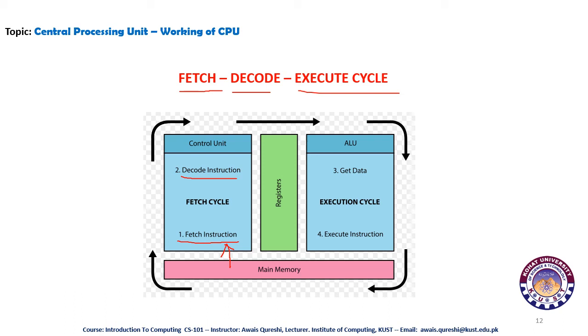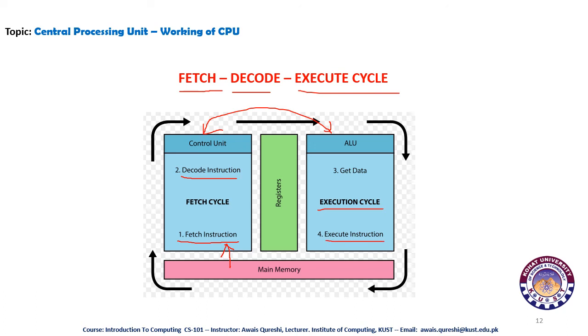After that, it transfers those decoded instructions to the ALU. The ALU gets data from the control unit, and after getting data, its purpose is to execute those instructions.